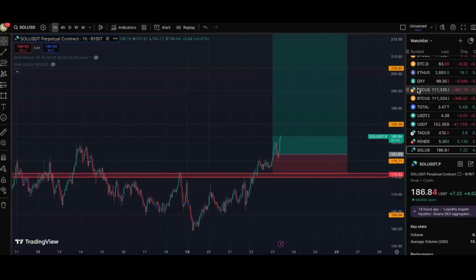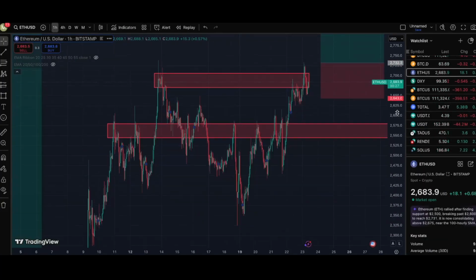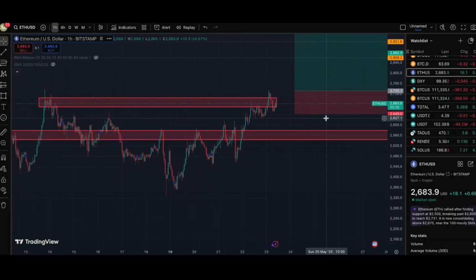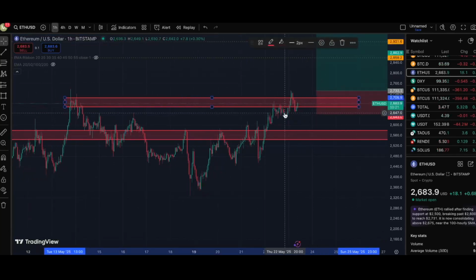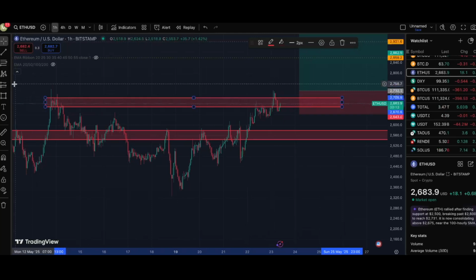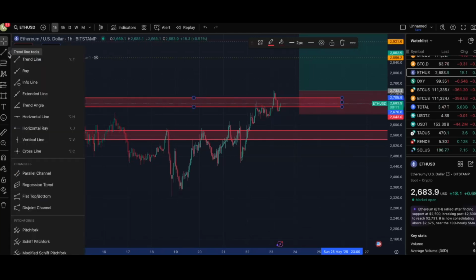Let's start with the Ethereum chart. We are running into some resistance on the 1 hourly chart. We already broke this resistance this morning or in the night, got rejected, and now it's very important what we can see here. There are two scenarios that can play out now.